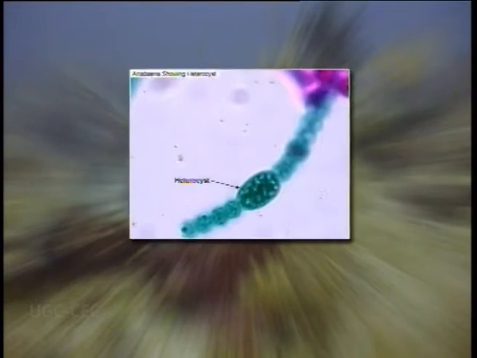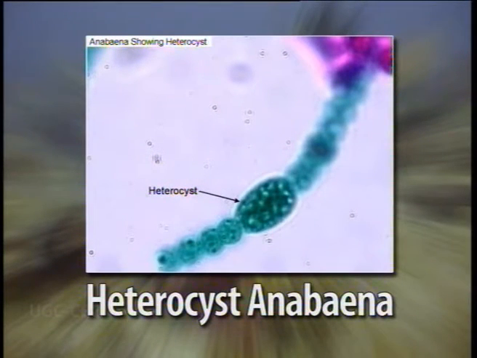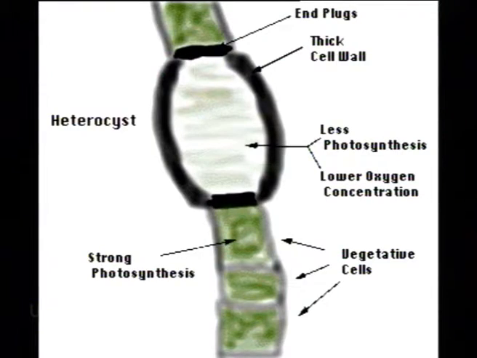And some filamentous cyanobacteria form heterocysts. These are rounded cells that are generally distributed along a filament or at one end of the filament, and heterocysts are in fact the single sites for nitrogen fixation in the heterocystous cyanobacterial forms.